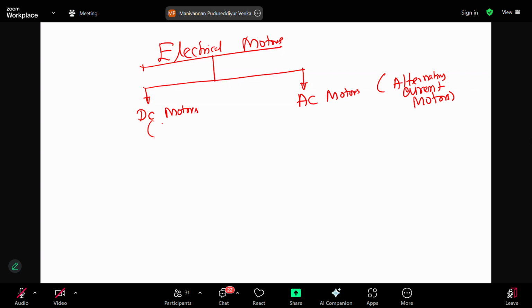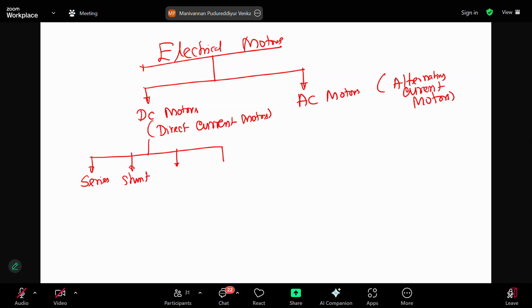Okay. DC motors are called direct current motors. In the DC motor, there are 4 types. One is called series motor. The other one is called shunt motor.